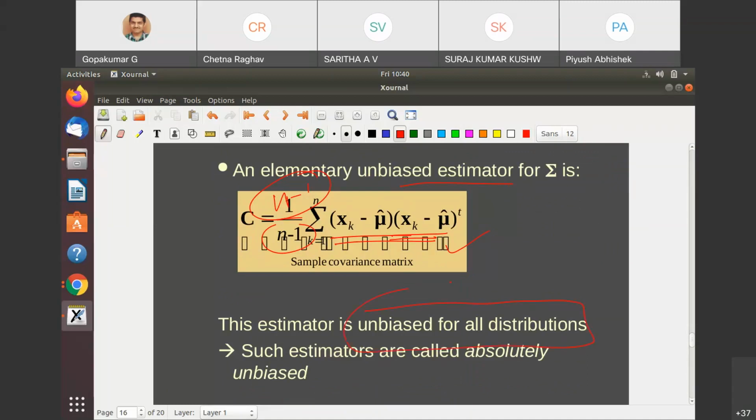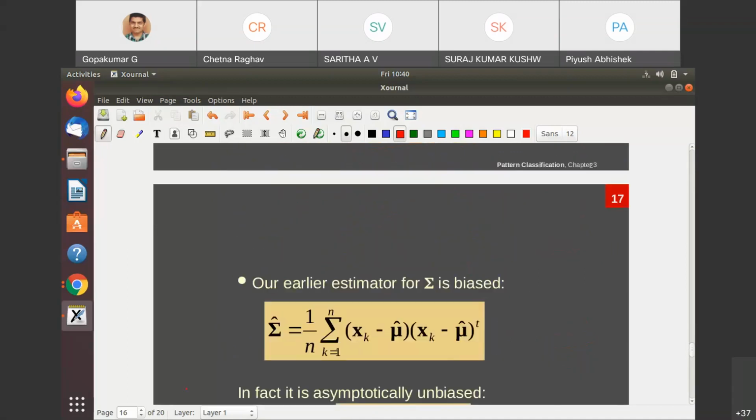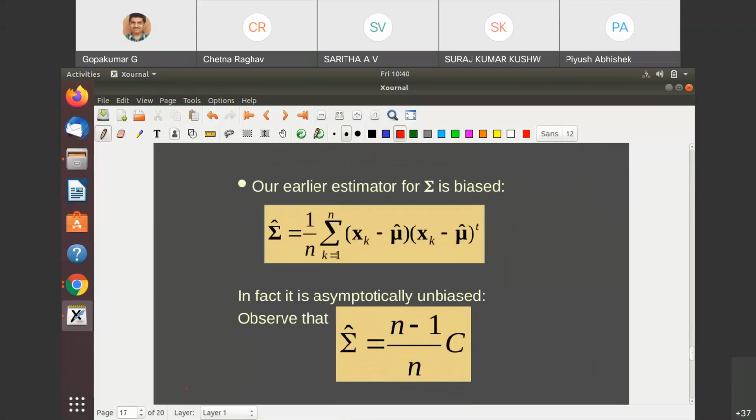Another point you can keep in mind: our estimator was returning this value because 1 by n into that was our estimator that we derived, but we know that can result in bias.